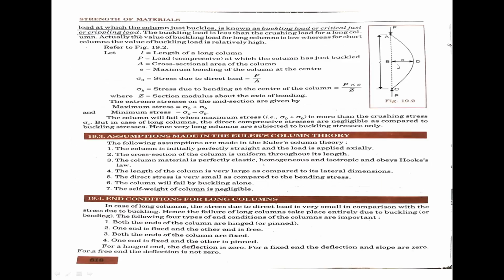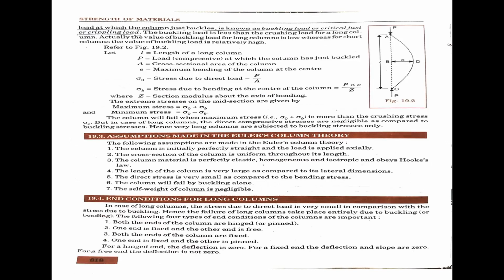See the diagram, figure 9.2. This is the long column. This is the distance of buckling, that means failure by buckling for long columns. The dimensions are very large, and the length is increased for a long column. The load at which the column just buckles is known as the buckling load or critical load or crippling load.